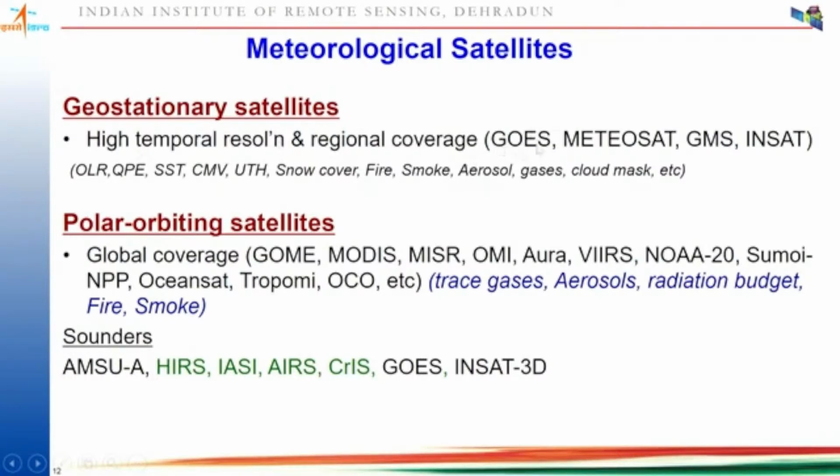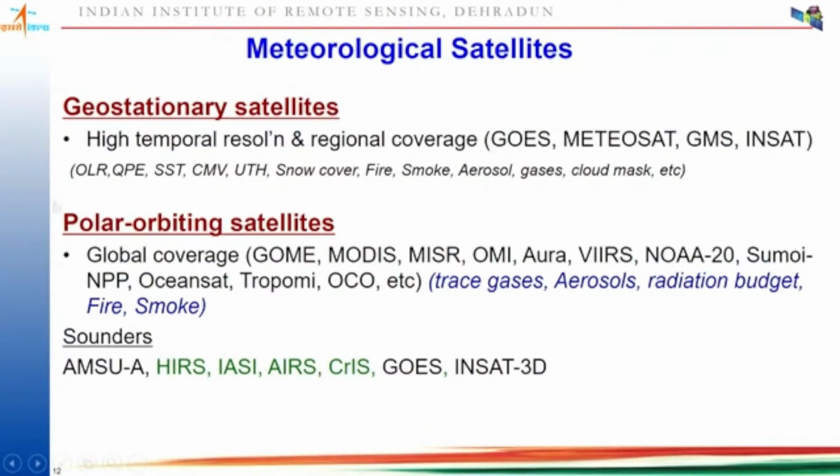These are GOES, Meteosat, and so on, belonging to different countries. The US has the GOES series, Europe has Meteosat, Japan has GMS, and India has INSAT. Different INSAT satellites have been launched, like INSAT 2E, INSAT 3D and INSAT 3DR.